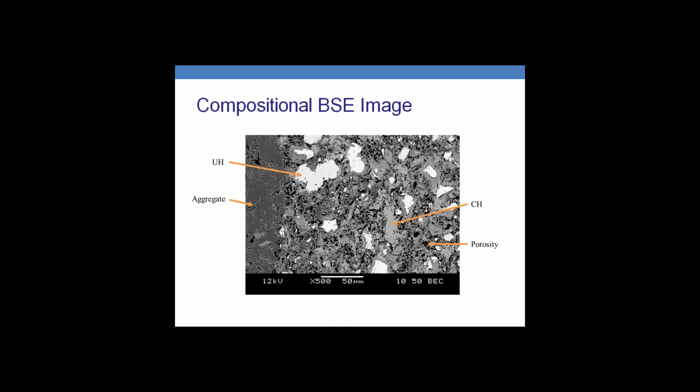Here, for example, is normal concrete with virgin aggregate. This is dolomite. Everything comes in as grayscale. Unhydrated cement, UH, appears bright, since it has a lot of iron, aluminum, things like that. Calcium hydroxide is an intermediate light gray. Porosity: we fill all the pores of the sample with epoxy. That epoxy is carbon-based, so those are black. Similarly, asphalt, also carbon-based, appears black.